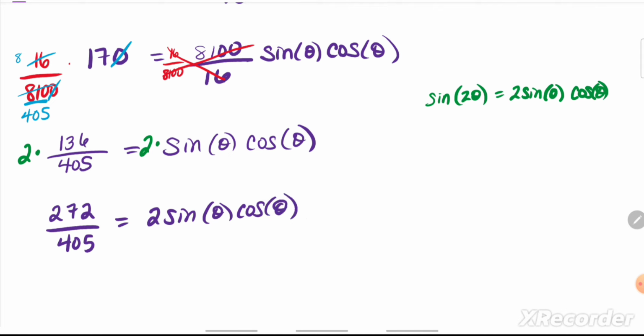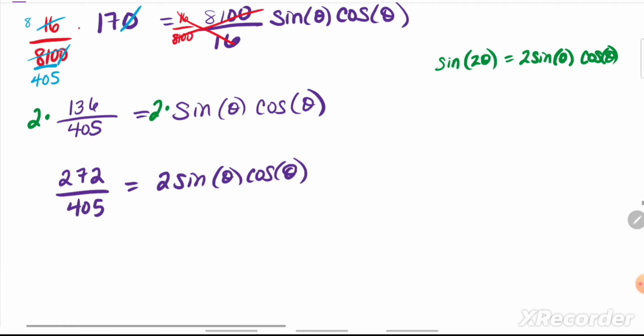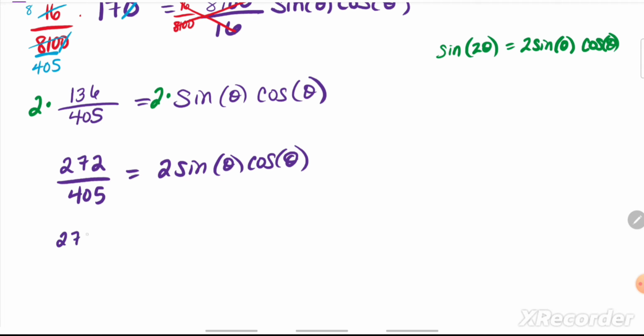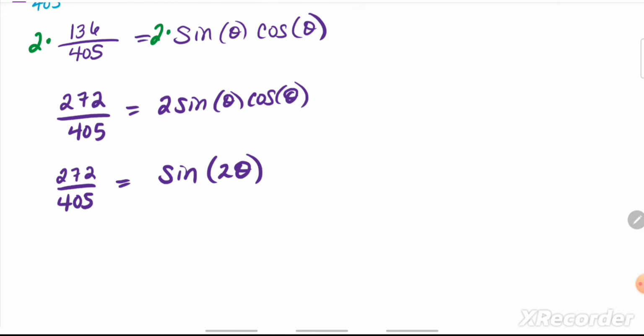And now I can substitute sine of 2 theta in for that 2 sine cosine. I'm down to a single trig function, which makes me happy. So now I can apply my sine inverse. 2 theta is going to be equal to sine inverse of 272 over 405.